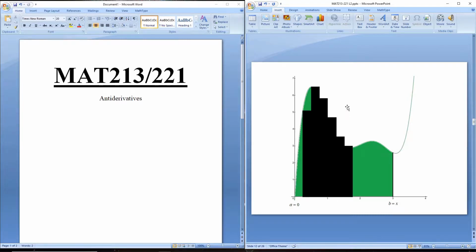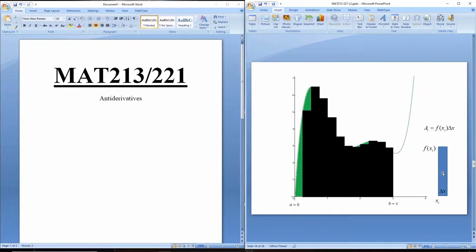Now I am drawing out right rectangles here to fill in this region. As a quick note, there is a right rectangle right at the beginning here, but because the height of the function is 0, the height of the first rectangle is also 0. But there is a rectangle in the first position, and this was our approximation. We're going to get this area under the curve with all these rectangles.